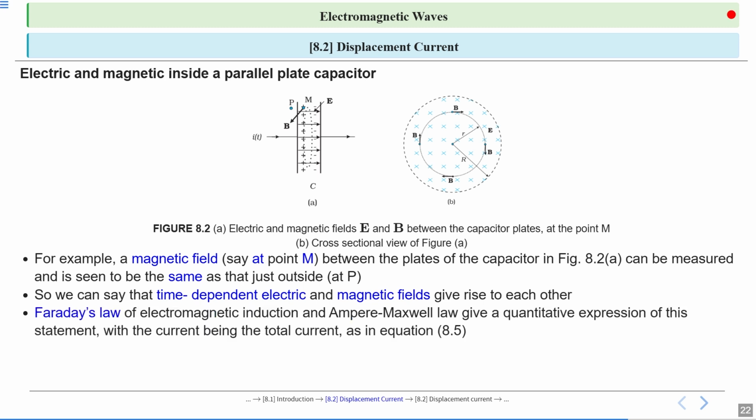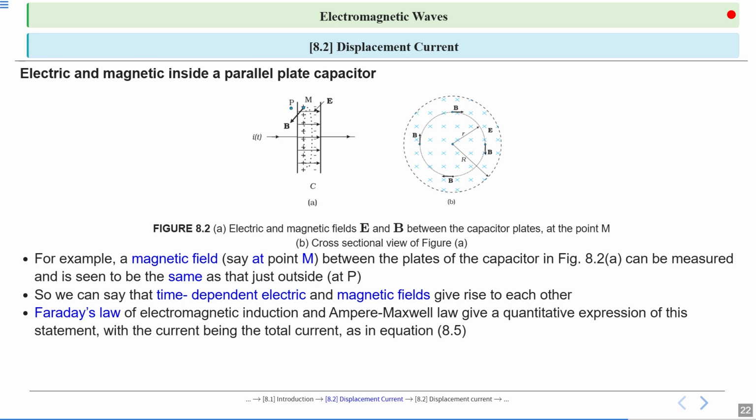Faraday's law of electromagnetic induction and the Ampere-Maxwell law give a quantitative expression of this statement, with the current being the total current as in equation 8.5. We have discussed in equation 8.5 that the total current is the sum of conduction and displacement current.